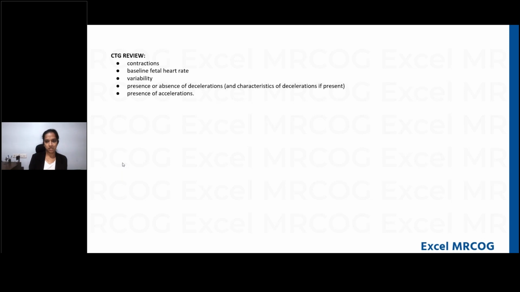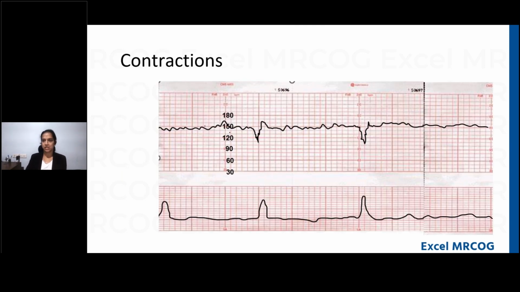So now the first part, contractions. As you rightly mentioned, this is a trace. Let me use a tool to point out. If you can see my cursor, this is 3 centimeters per minute, as we said.